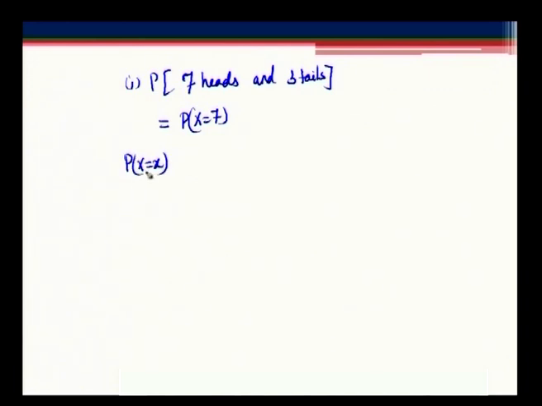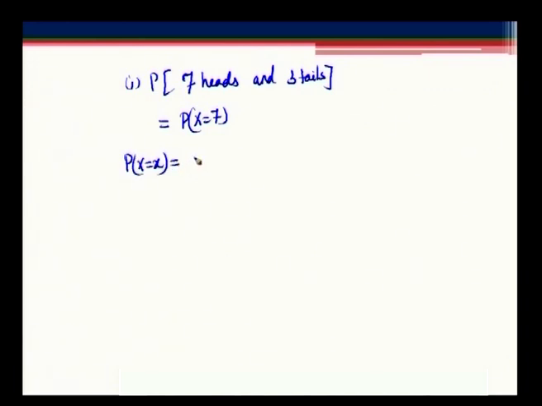n is equal to 10 and p is equal to 1 by 2. First subdivision is the probability of exactly 7 heads and 3 tails. This is actually P of x is equal to 7. Before that we must write what is P of x is equal to x.